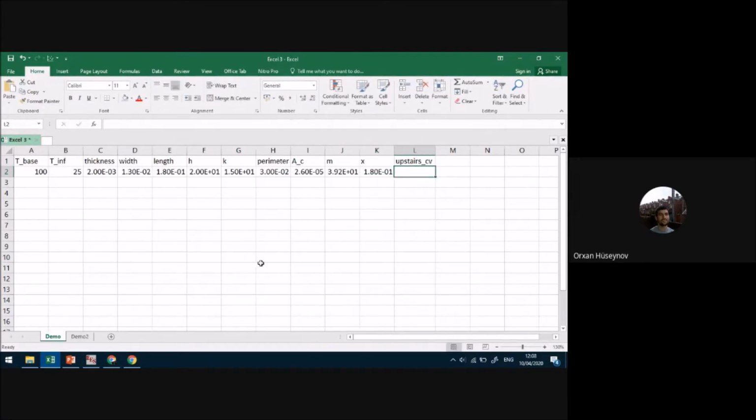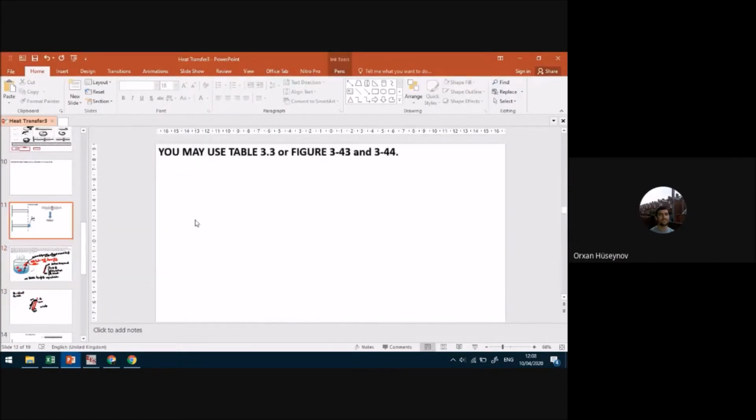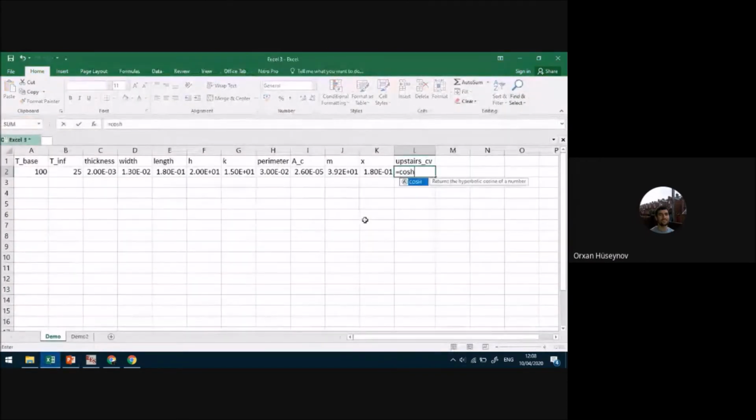But I can make it variable. It doesn't matter. So let's go back to our formula. It will be cosh M times (L minus X). So this is our length, and this one minus X.